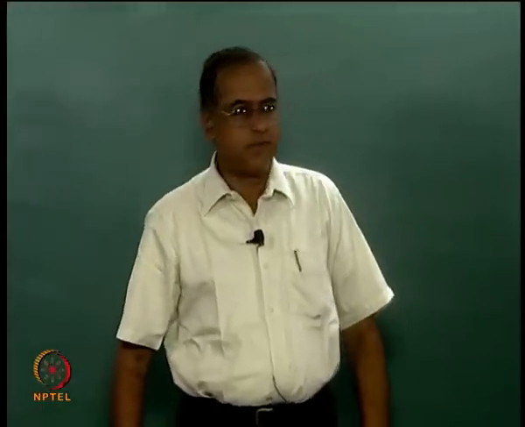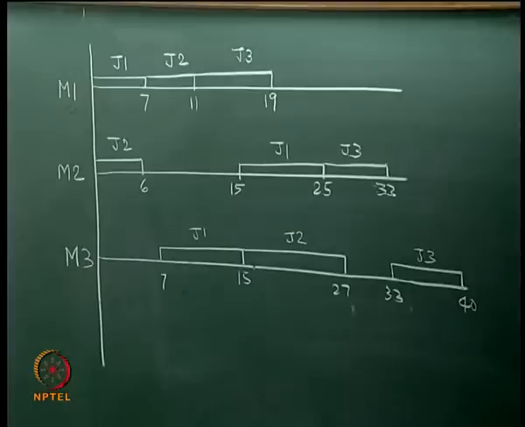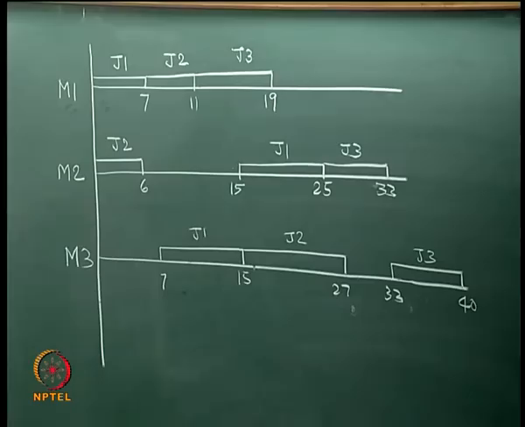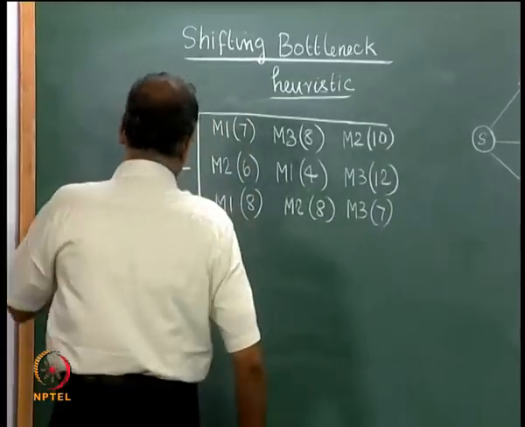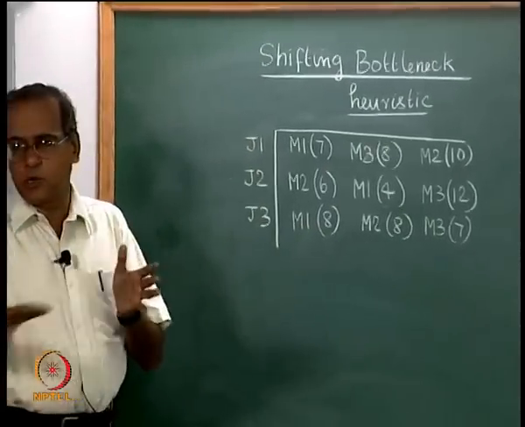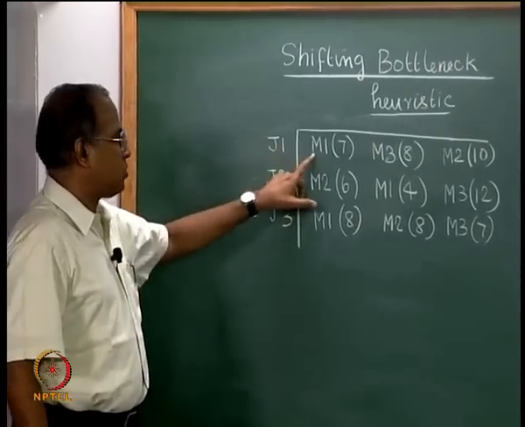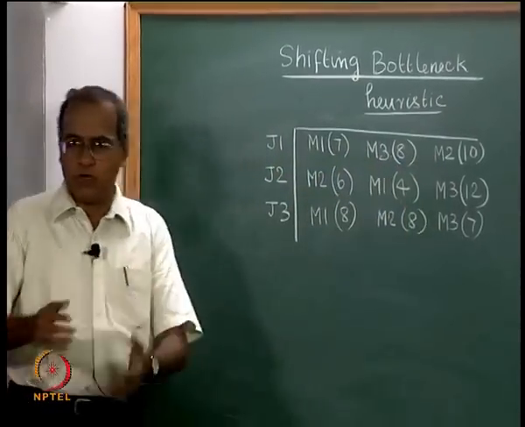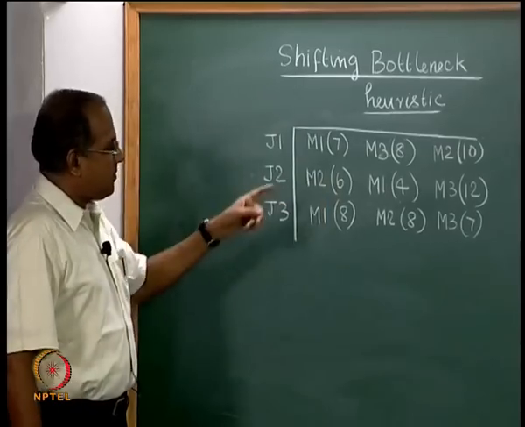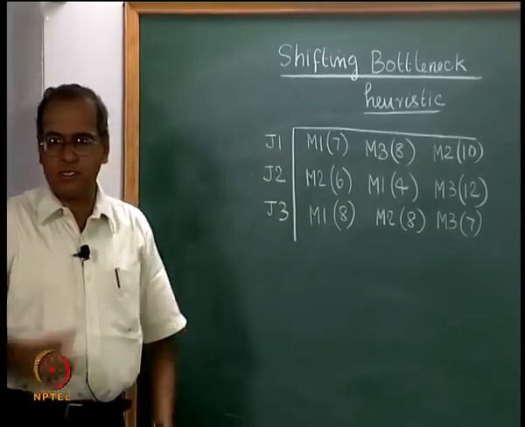on the job shop. We also said that in a job shop, as given in the example problem, each job has a definite route. So, J1 will go through M1, M3, M2 and so on. In this example, all the jobs visit all the machines.